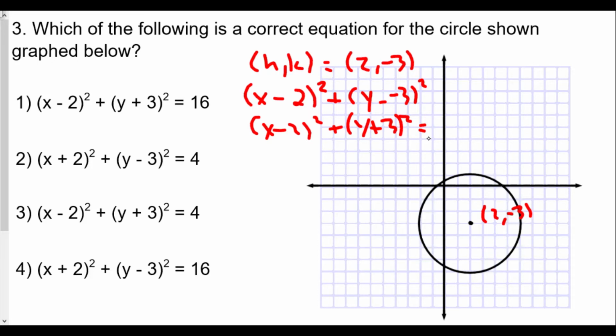If we measure the distance from the center to an edge, it looks like a measurement of 4 units. So that would be 4². So we're looking for (x − 2)² + (y + 3)² = 4², or 16. Well, that would be choice 1.